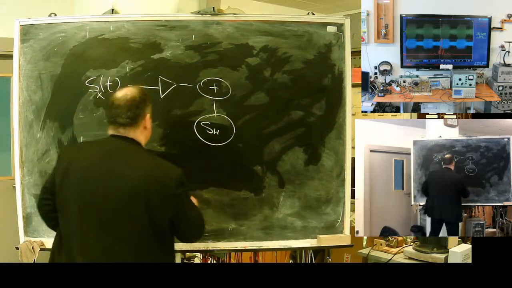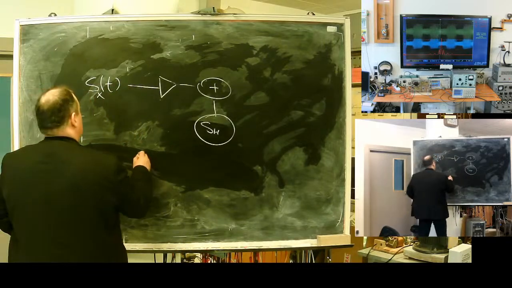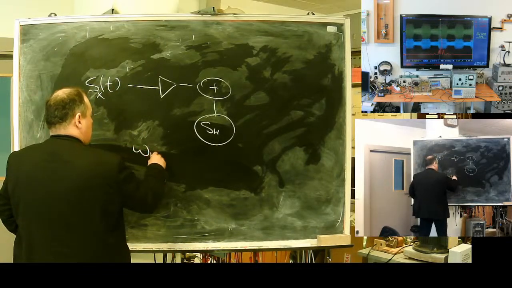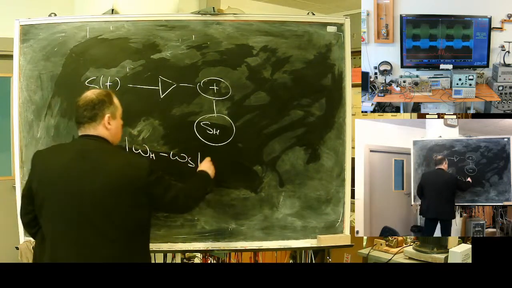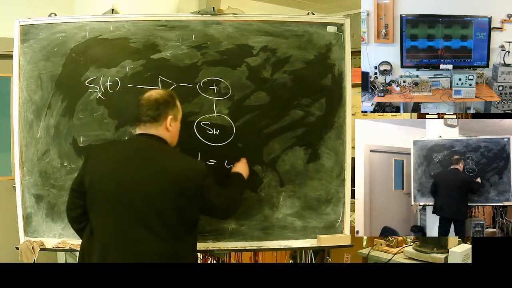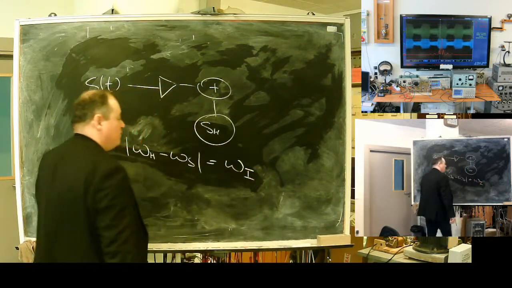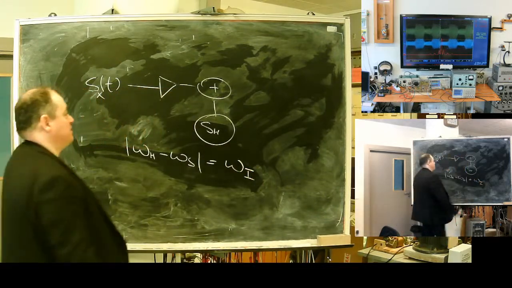In this case, you should select omega heterodyne minus omega signal equal to the interim frequency, omega I.